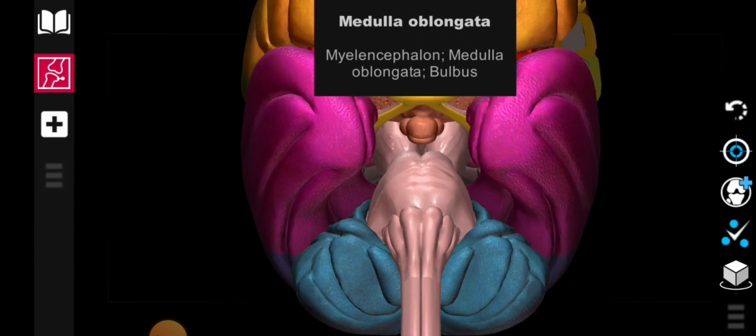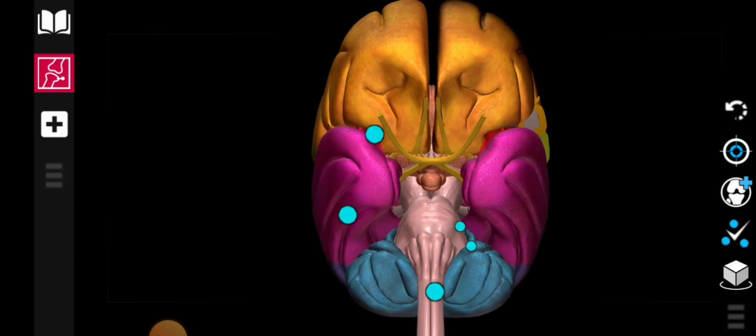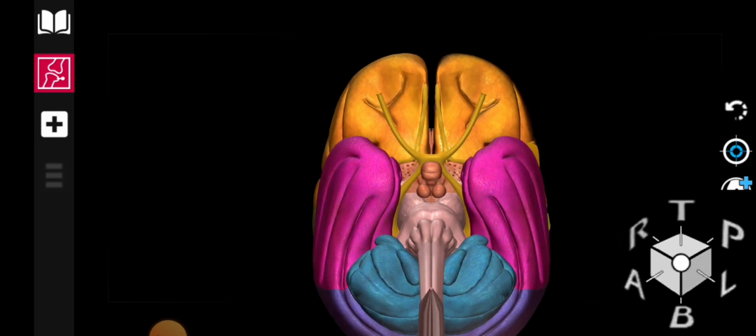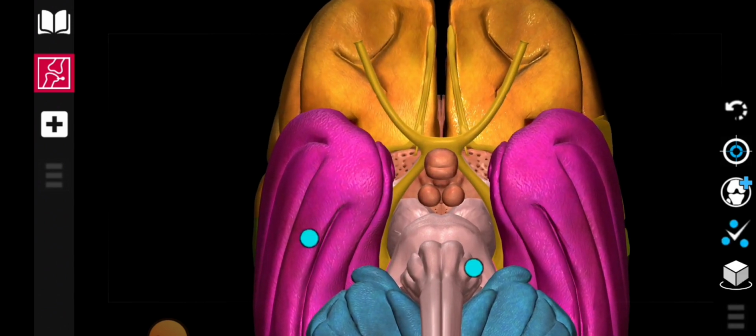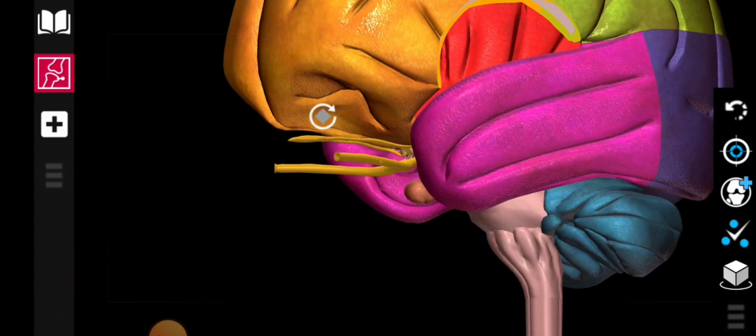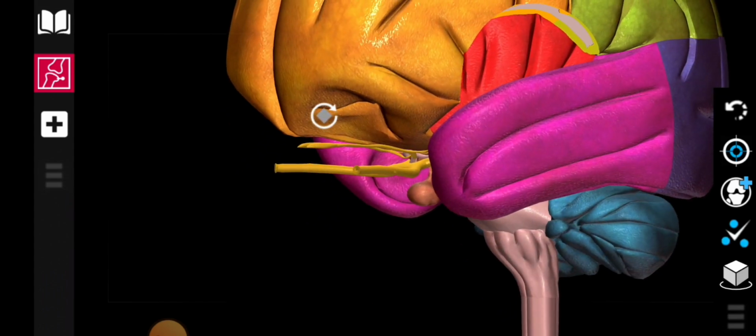Another important thing I have to tell you is that when we see this basal region or base, or inferior portion, now imagine, let me draw it for you.